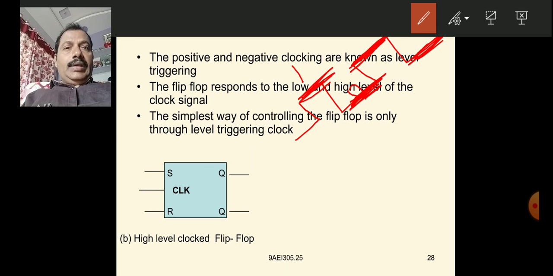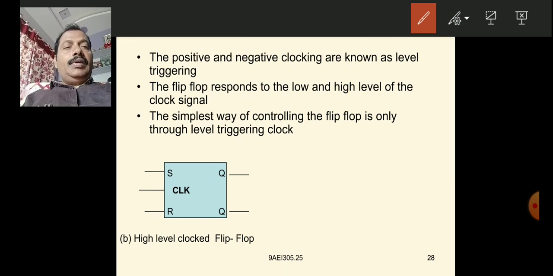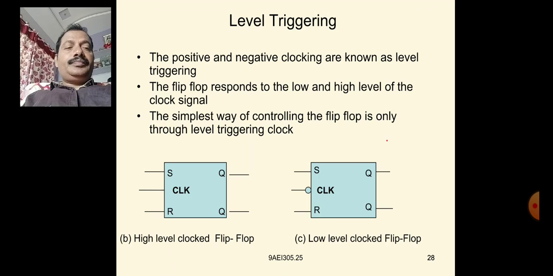Two types. So this is the high level triggering, and this is the low level triggering. These are level triggering combinations. For the low level, you see only a bubble.